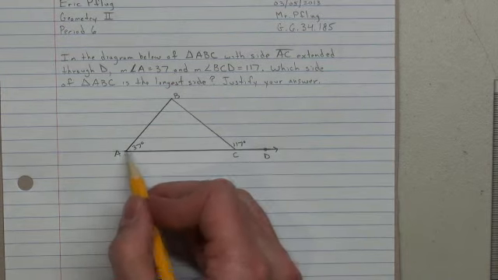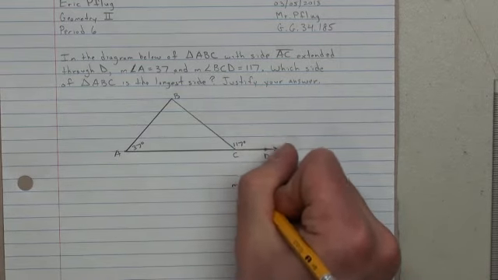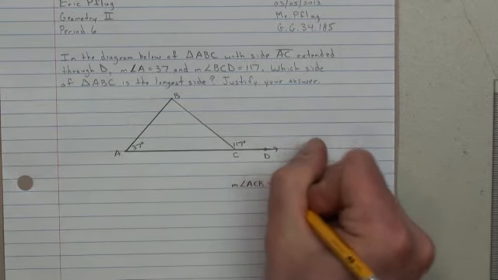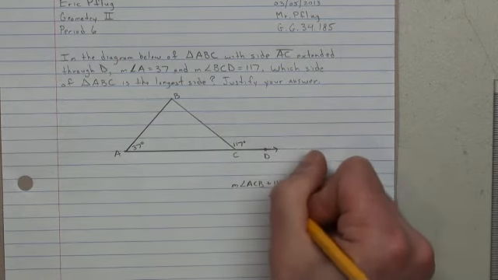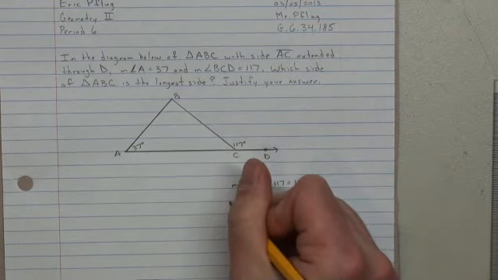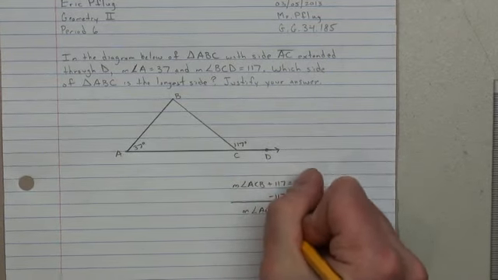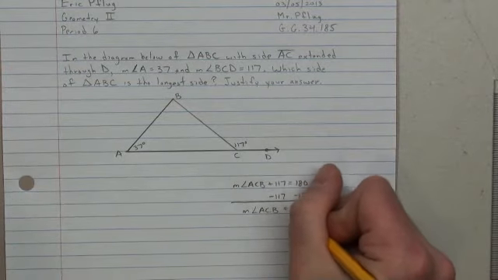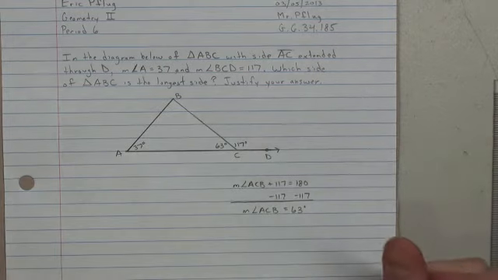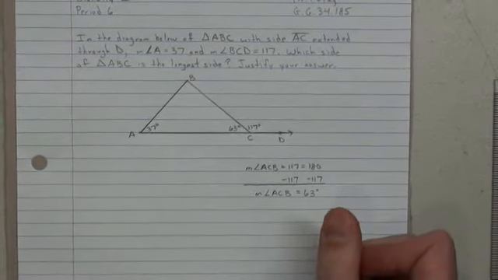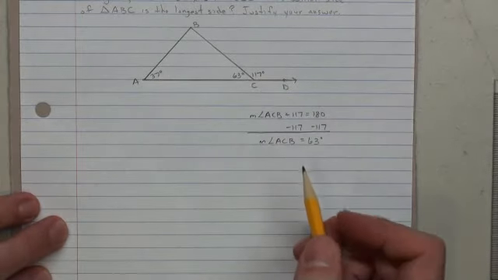So the measure of angle ACB plus 117 equals 180. Subtract 117 from both sides. The measure of angle ACB is equal to 63 degrees. Right? And we can also now find this by adding these three up and setting them equal to 180.